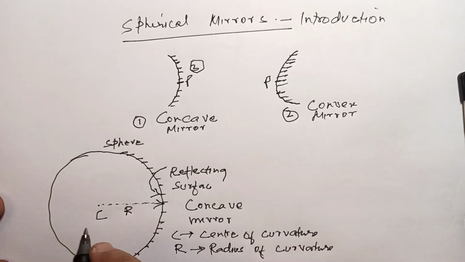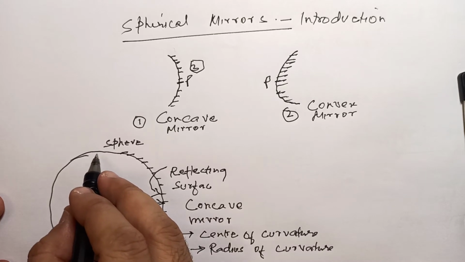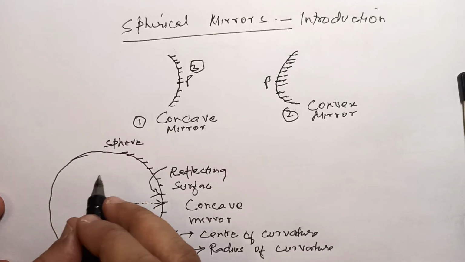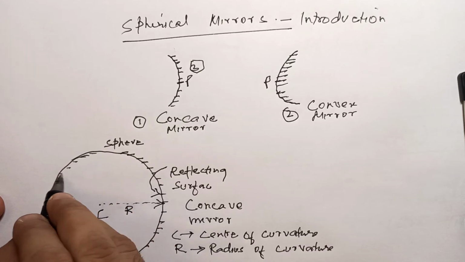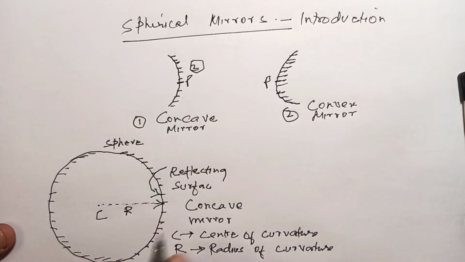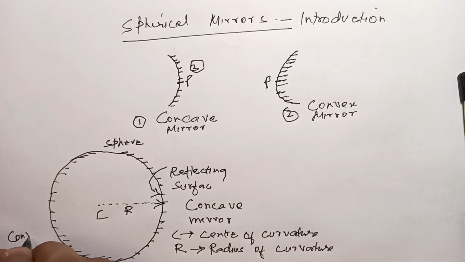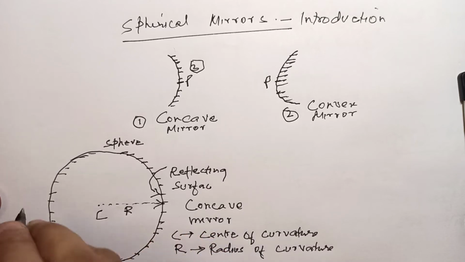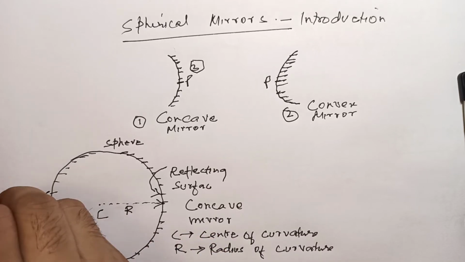Now, if this other half we paint from inside, this painted from inside is nothing but a convex mirror. The reflecting surface of convex mirror is this.